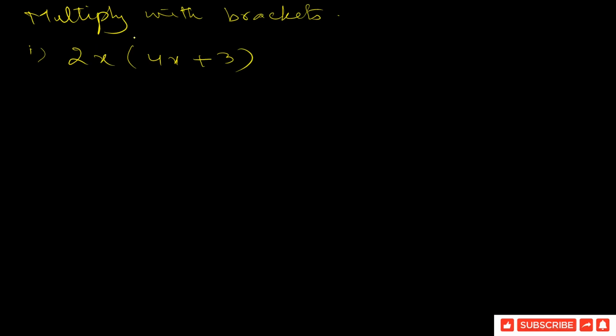This one term will be multiplied with each term inside the bracket. So it becomes 2 times 4 is 8, x power 1 plus 1, because there are two x's, plus 2 times 3 is 6, and x remains as it is. So it becomes 8x squared plus 6x.